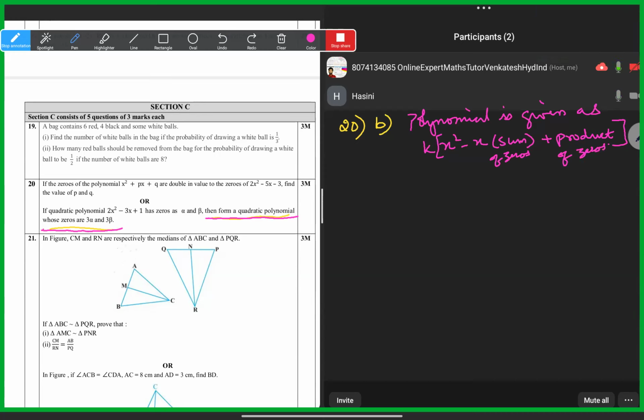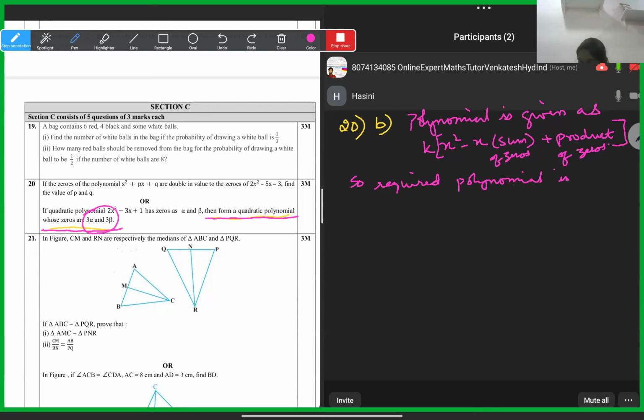Now, what are the zeros for the given polynomial which we require to find out? 3 alpha and 3 beta. So the required polynomial is k into x square minus x into sum of zeros.